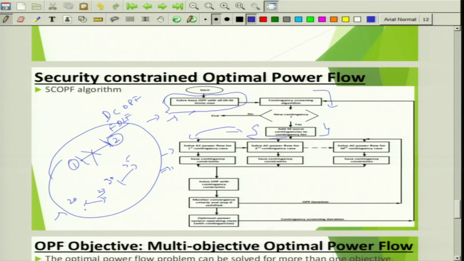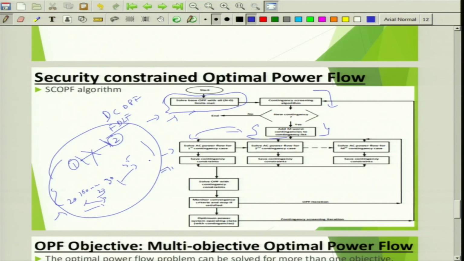Then you say you are not supposed to increase this power flow beyond this limit, and there is a constraint that you put, let us say 150 megawatt is the bar here, earlier it could be something else. So what we are trying to say is, using AC power flow we get a more accurate constraint list as compared to what you might have got using DC OPF. That is why you are doing AC OPF.